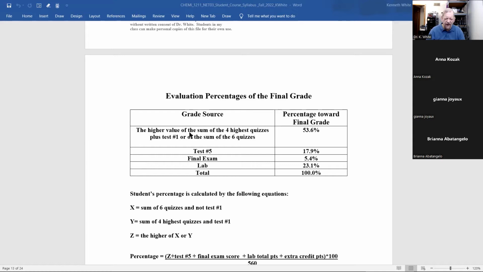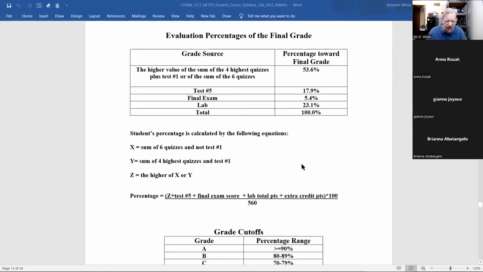One part of your grade will be the sum of the 4 highest quizzes plus test 1, or the sum of all 6 quizzes. Test 5 will be 100 points. The final exam is 5.4% of your grade. I forgot how many points it is. And the lab is still the same points, but the percentage has gone up.